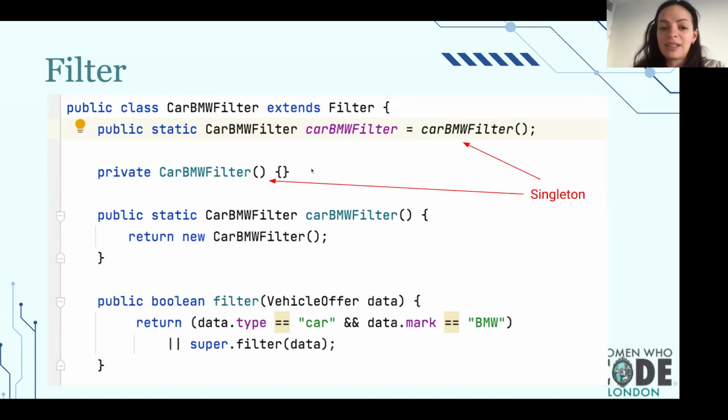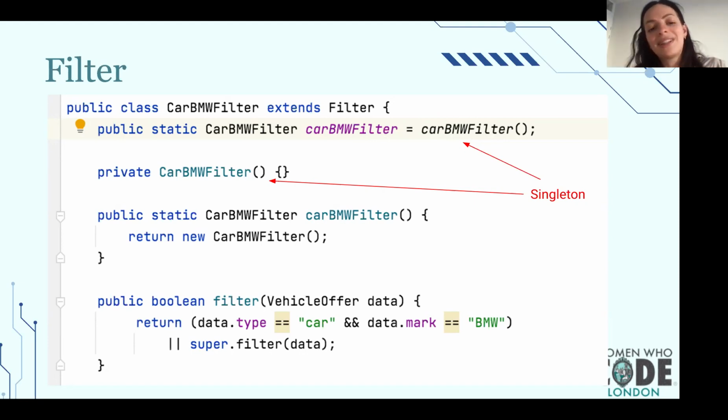To provide the instance, you can go even further and create a public static field, and you create your constructor. Because it's private, no one else can access it. And because it's static, it will be created when the static metadata for this class is created.